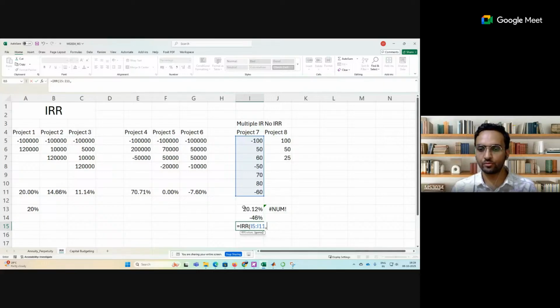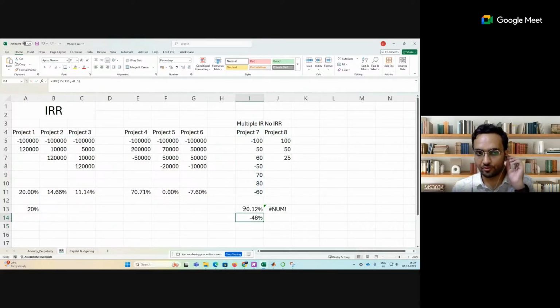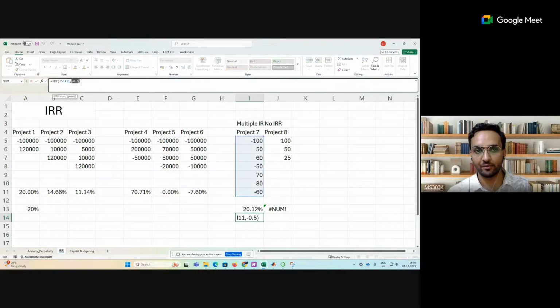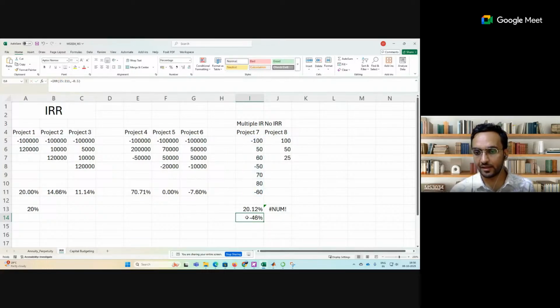So you have to try different initial guess values, and from that you get different IRR values from this formula. For example, if I give my initial guess to be minus 50%, which is minus 0.5, then my result is minus 46%.